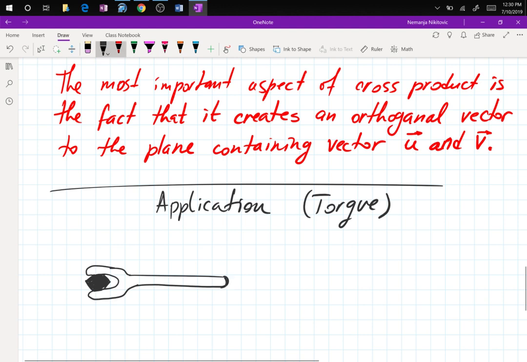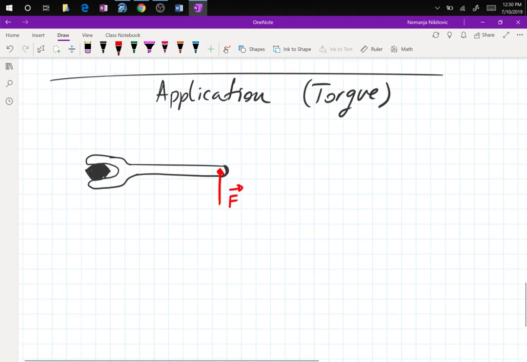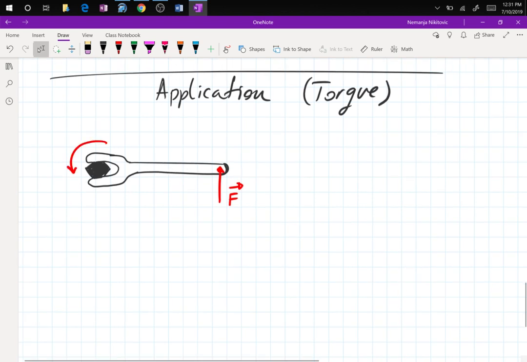You will apply the force here, and as you can see, that's just a straightforward linear force. Now, the motion it results in over here would be this circular one, and we put the Greek letter tau, right? And that tau is a vector as well. And that is the circular force, which we call torque.